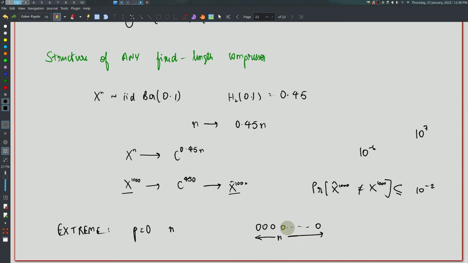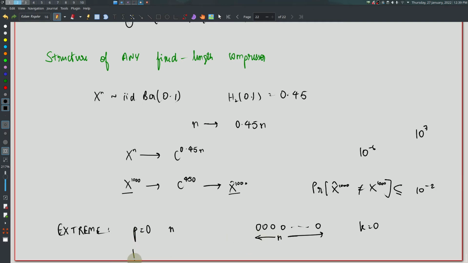So k is equal to 0 for any n, and this is going to be certain. You know that p is equal to 0, and therefore you don't need to send any bits at all.